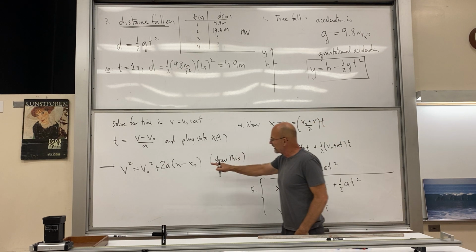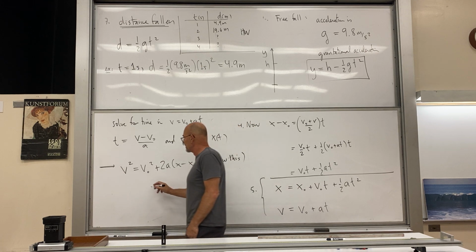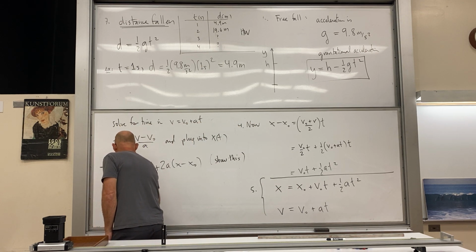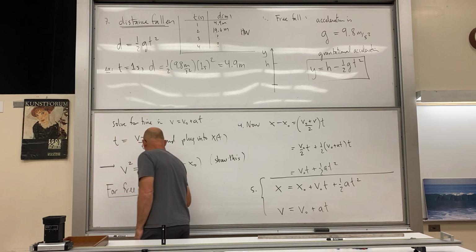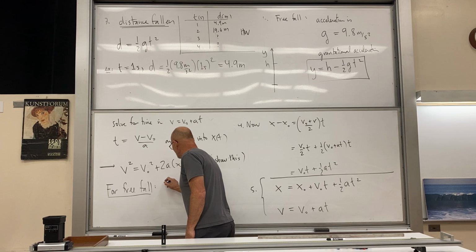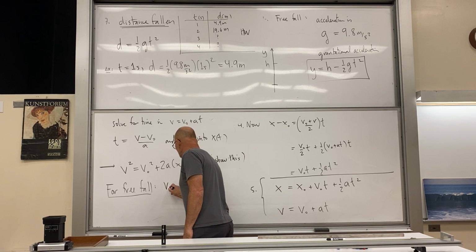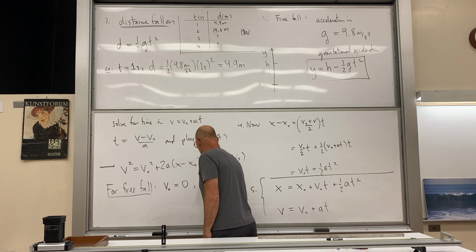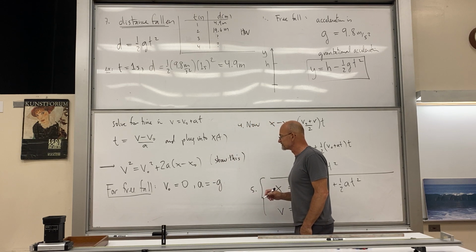What I want to do is get the simple case of this for free fall. What we're going to do is let v0 equal 0, a be minus g for down.